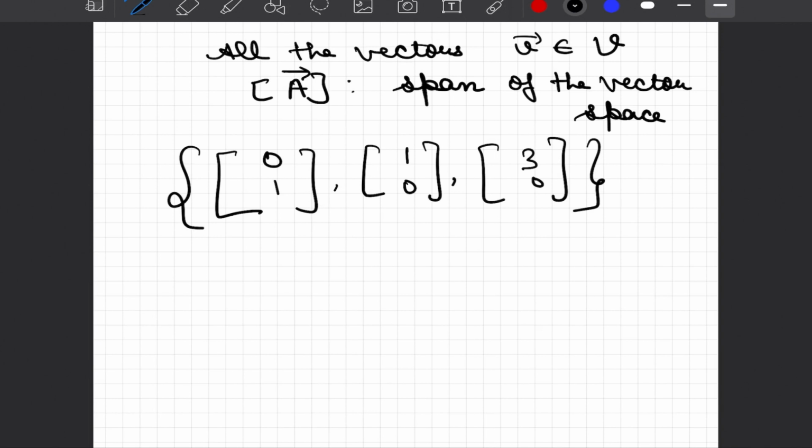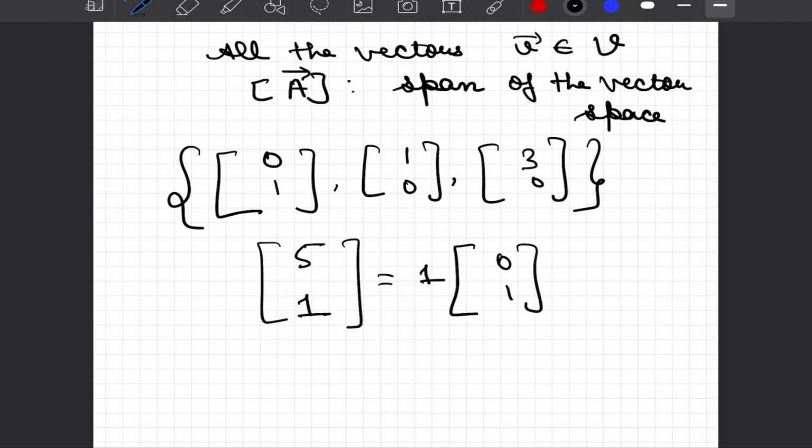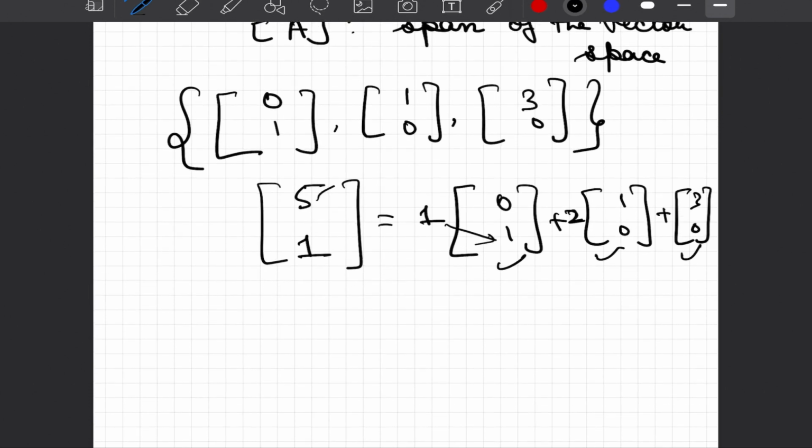And now you can clearly see that if I have any vector, let us say (5, 1), I can write this as 1 times (0, 1) plus 1 times (1, 0) plus 3 times (0, 0). In fact, I should multiply this by 2, so that 3 plus 2 becomes 5, and here 1 times 1 becomes 1.